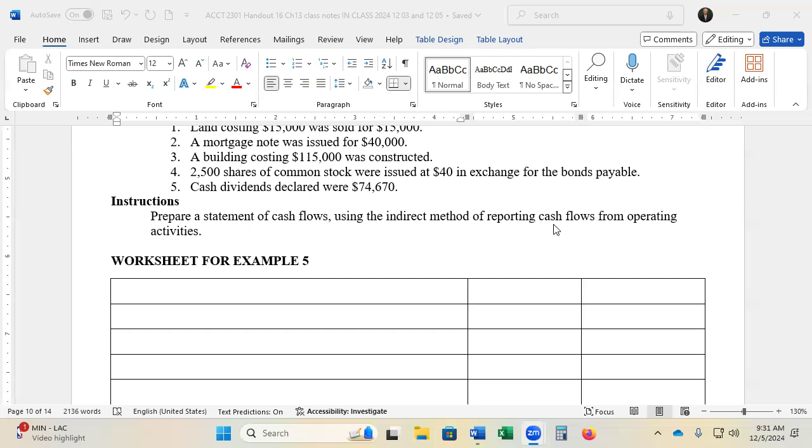Okay, so the first thing that we're going to work on is net cash from or used for operating activities. For those of you who just got the handout, if you tear off the last page, it's got a worksheet for you so that you can open up to page 8 and 9 at the same time, and still have this worksheet to do your work on.